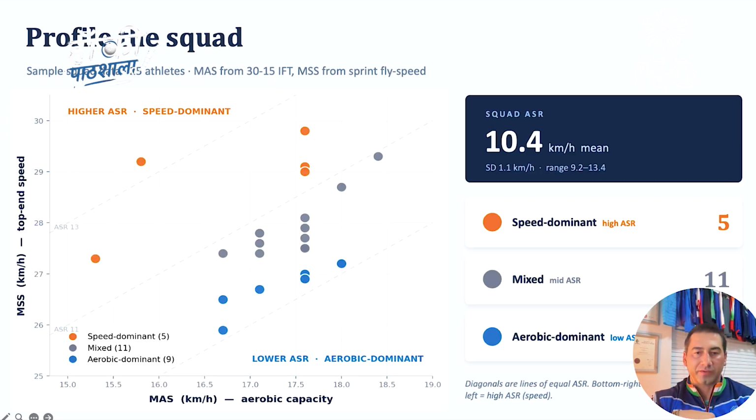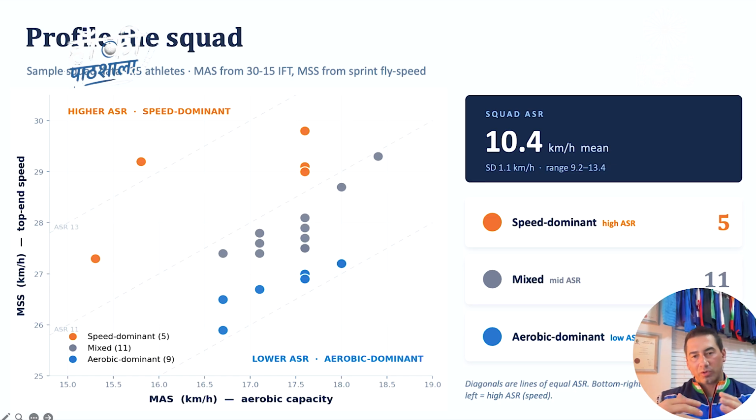So this is an example of how we can interpret a squad data. We'll get a spread of different values on who is maybe a bit more speed dominant, which we can see in the orange dots over there, who is more mixed dominant, who we see in the gray dots, and maybe who is more aerobically dominant. And we can also relate that back to positions. So maybe, for example, with midfielders and defenders, they might be mixed or aerobically dominant players.